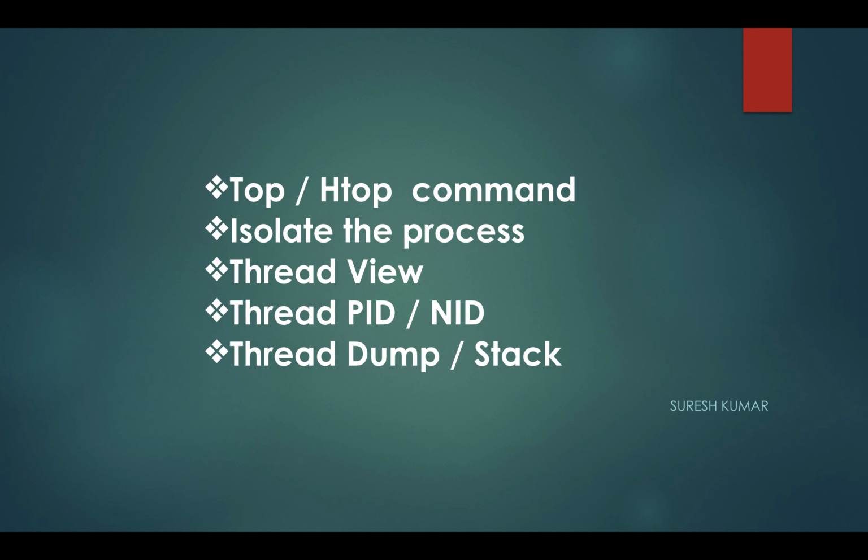So we have to convert that PID into a hexadecimal number, then only we will be able to get that particular thread's details. I'm also going to tell how to convert from decimal to hexadecimal in the command prompt, and then in the thread dump, using that ID, we are going to navigate to that particular thread's details.